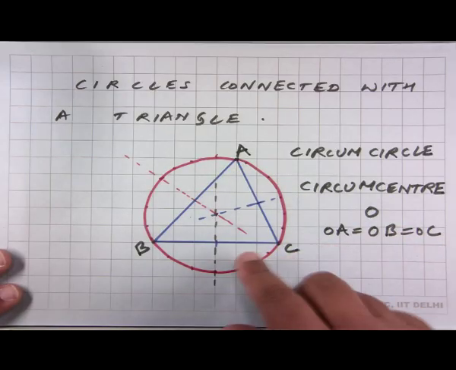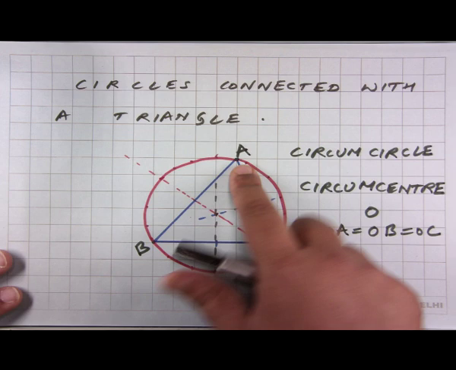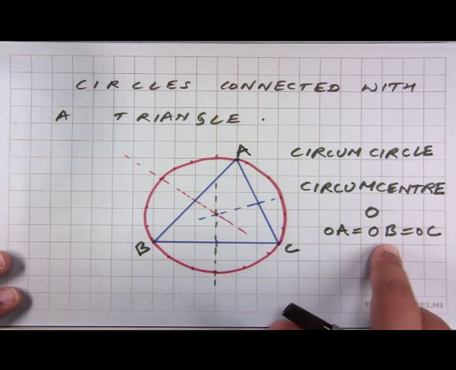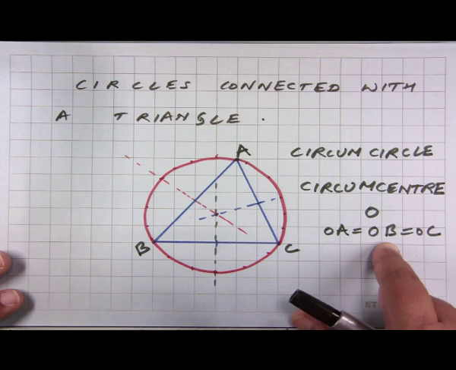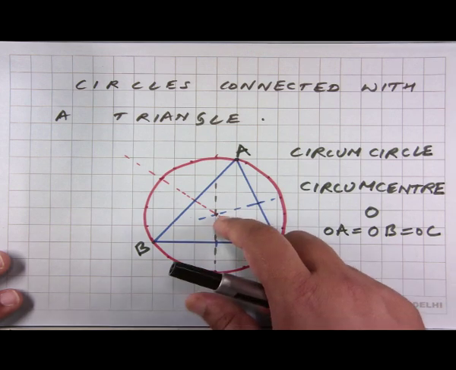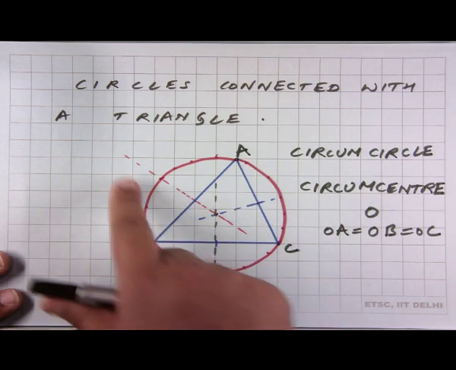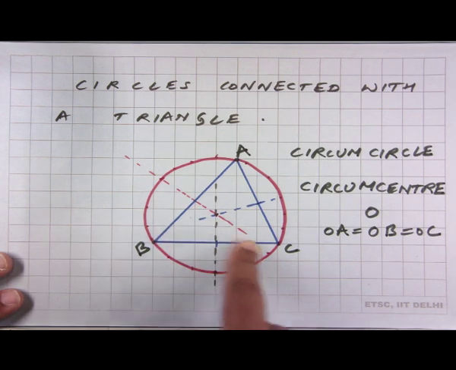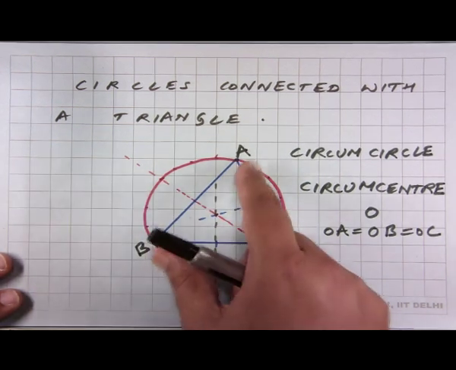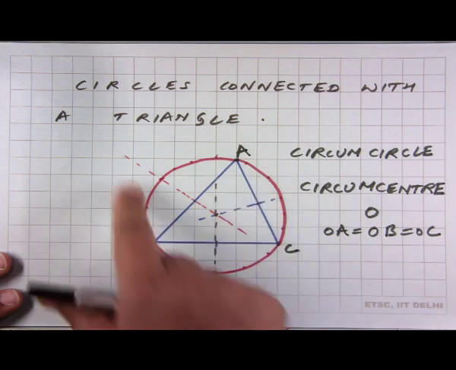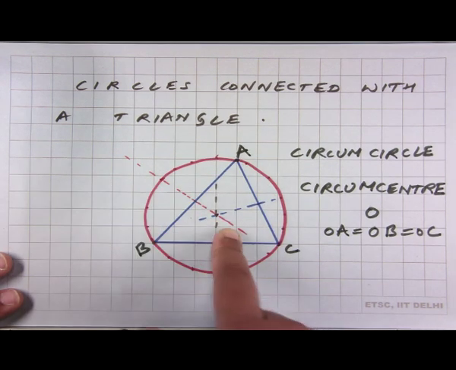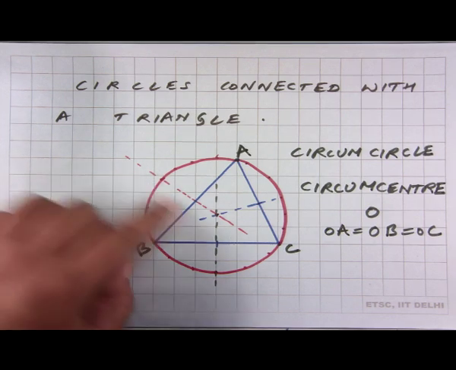OA equal to OB implies that the point O is at equal distance from both point A and point B, and therefore, O has to lie somewhere on this perpendicular bisector of AB. This perpendicular bisector I have drawn with a red dotted line, as you can see here.